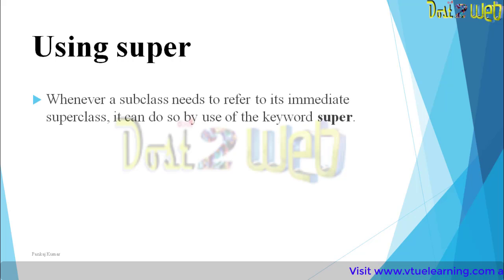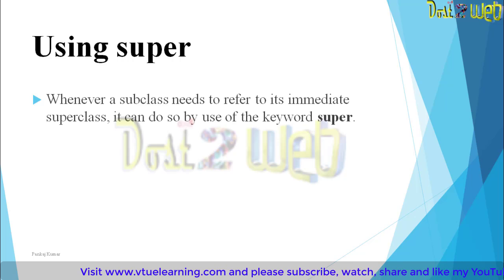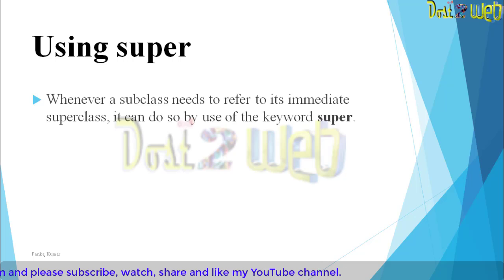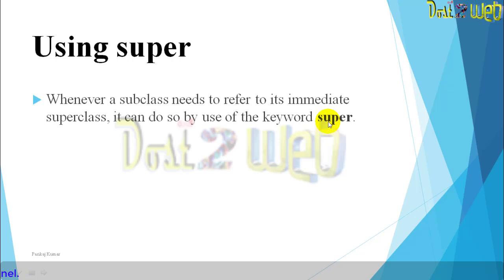Whenever a subclass needs to refer to its immediate superclass, you use the keyword super. It has two general forms. What are those two general forms?